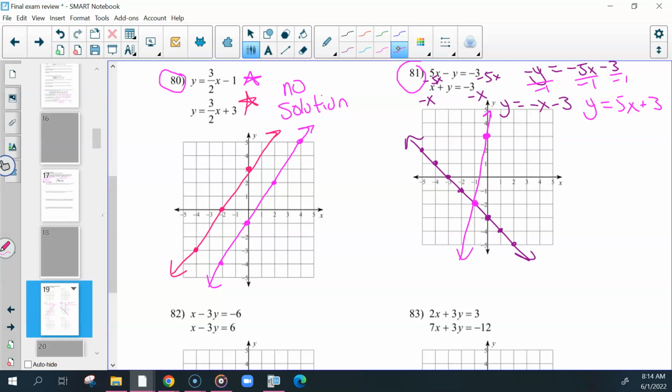And wherever they intersect would be your solution. So here they intersect at -1, -2. And that solution point needs to be in an ordered pair. Do you have any questions on that one? Or any other questions that we want to go over or see on this page?